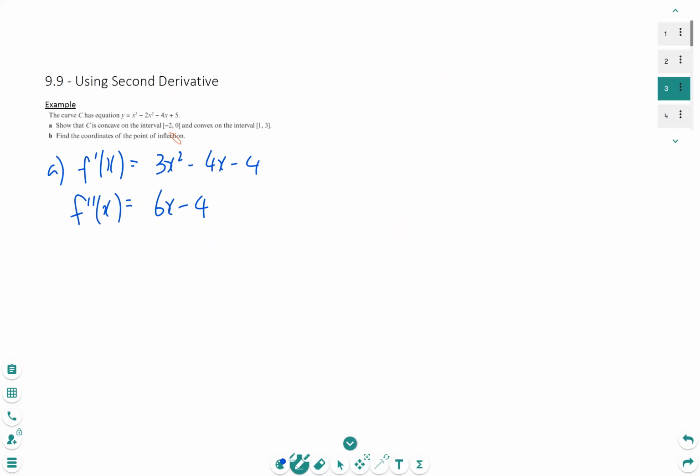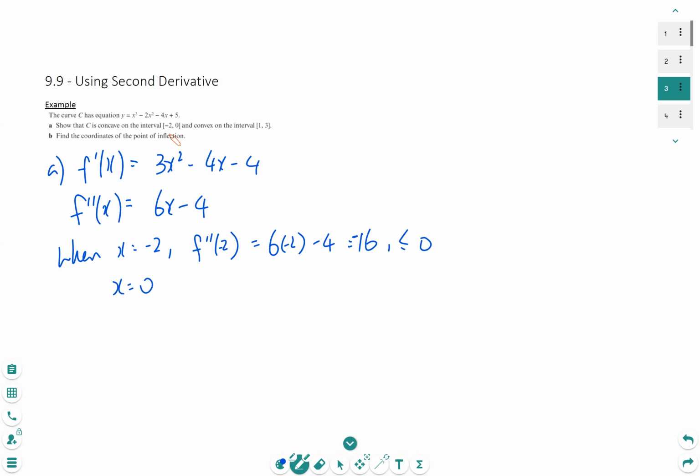Now, concave between the interval minus 2 and 0. When x equals minus 2, substitute into the second derivative: 6 times minus 2 minus 4, which is minus 16, so less than 0.